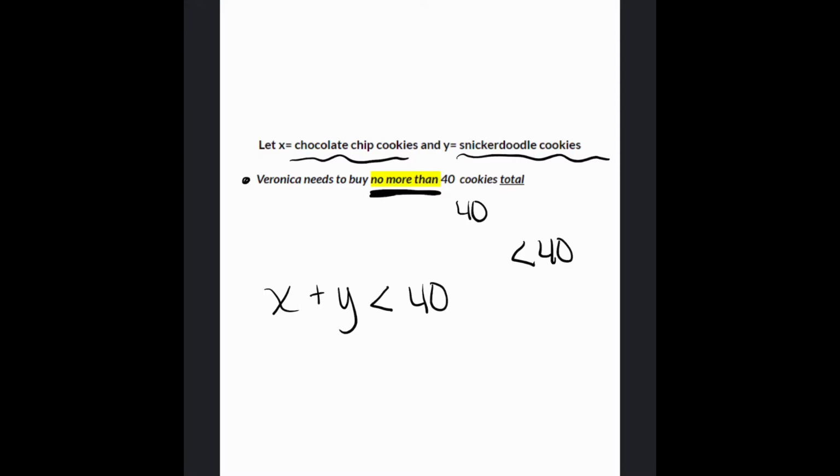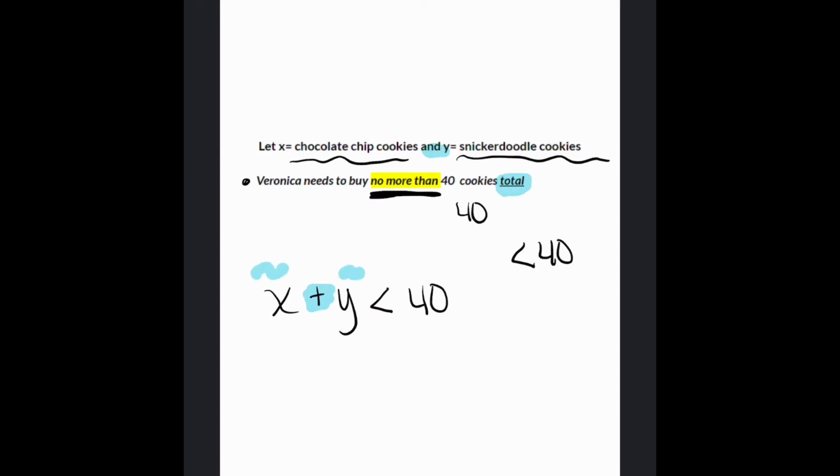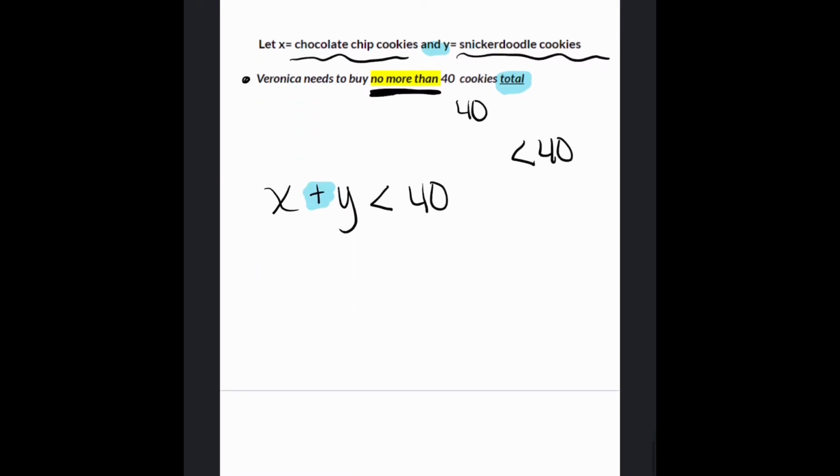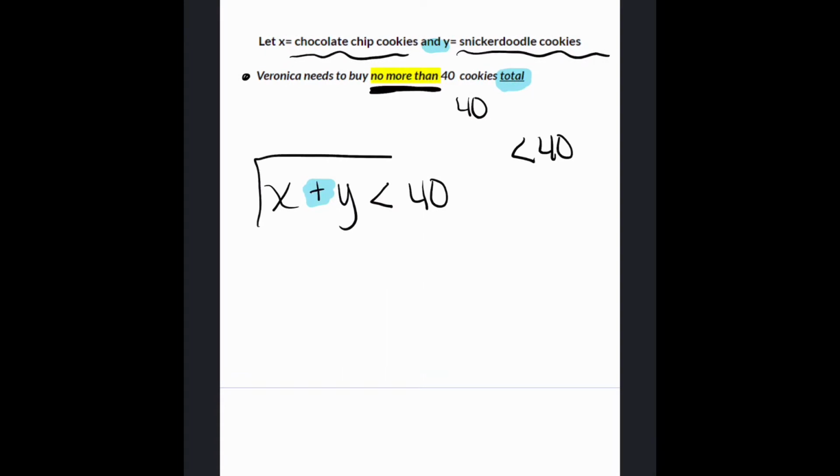And there's something else I didn't mention on the above equation: this plus sign represents the and, or the total. So these are my chocolate chip and my snickerdoodle, or the total of the cookies. That's what that plus sign represents, and that's how we know to add versus multiply or subtract.